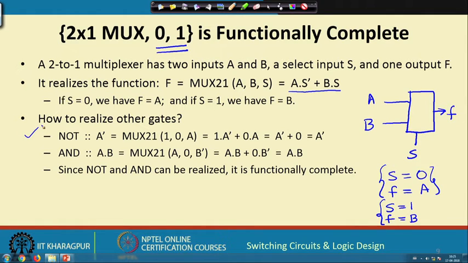So, what we are saying is that for the first two inputs I apply 1 and 0.